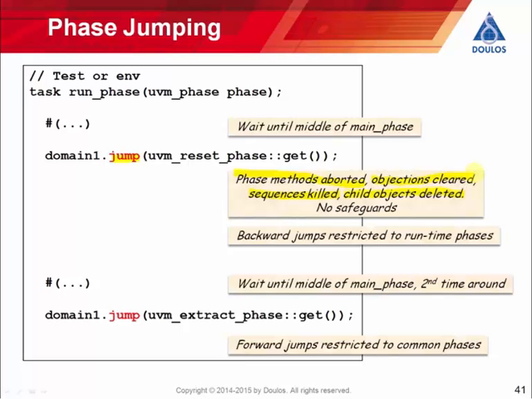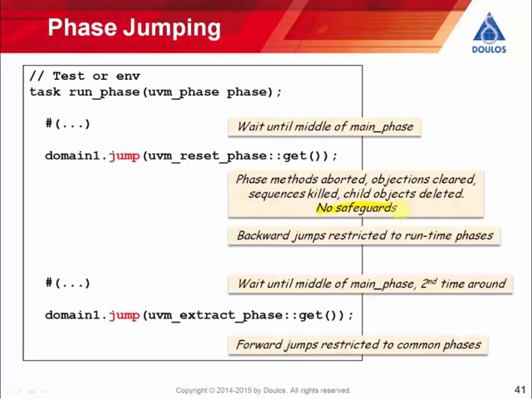And in doing all of this, there are absolutely no safeguards, no guarantees. When you jump out of a phase, any processes or objects associated with that phase are just killed outright. And there are no built-in checks, no built-in guarantees that you haven't broken anything.